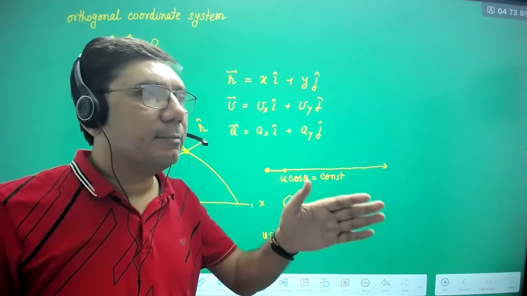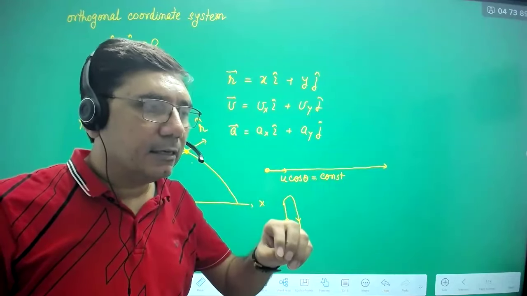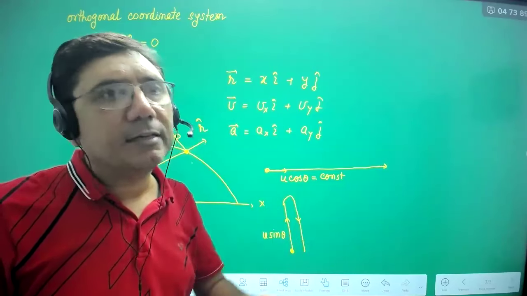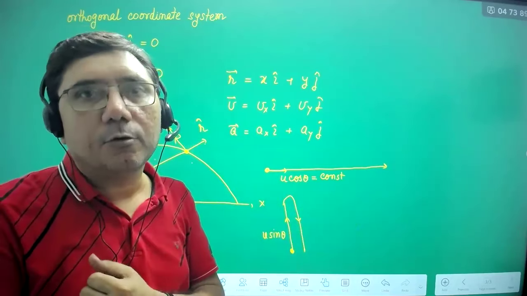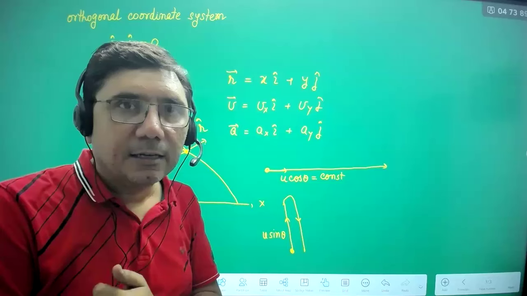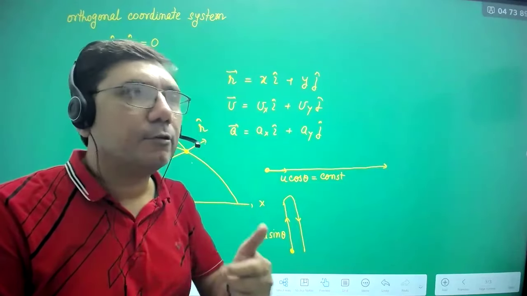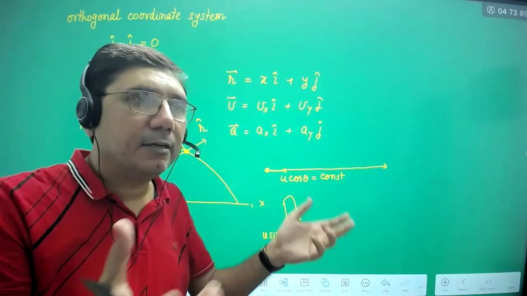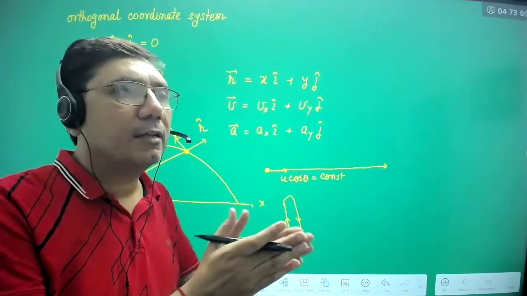It's not necessary that the basis is always orthogonal, but there is an advantage if you choose the basis vectors orthogonal to each other. That is always advantageous. Why? Because you can consider all these motions independent of each other. That's why you always try to choose the orthogonal axis system.